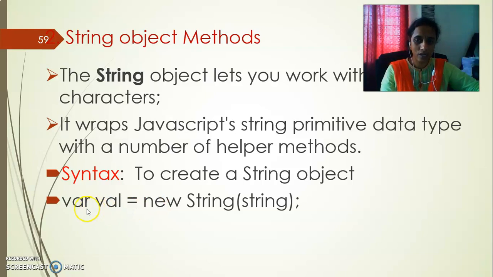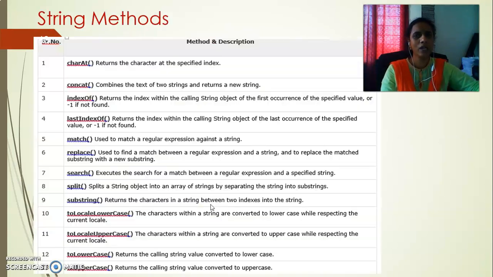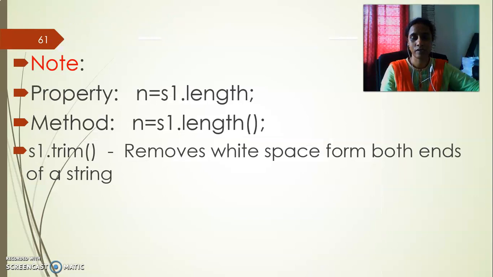For the last line, you see val is equal to new String. That's the only new thing that we are learning here in JavaScript. All the rest are the same methods that you can see: replace, search, split, substring, toLowerCase and toUpperCase, etc. Now in order to find the length of any string, you can use two things.